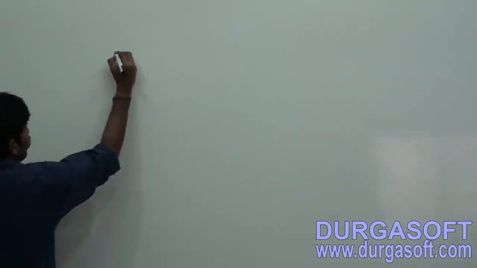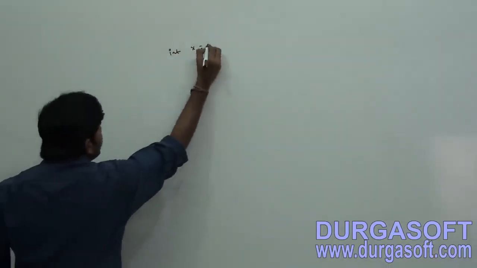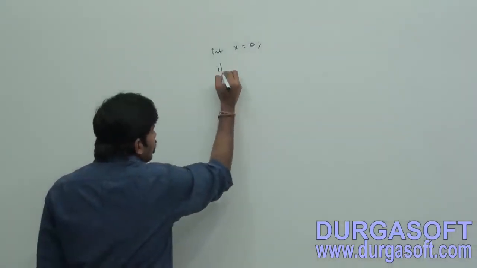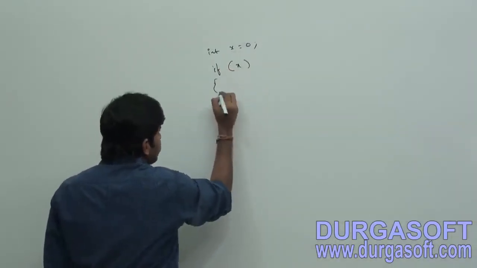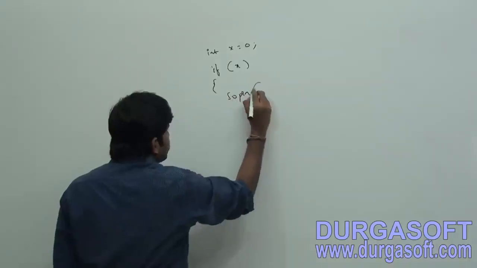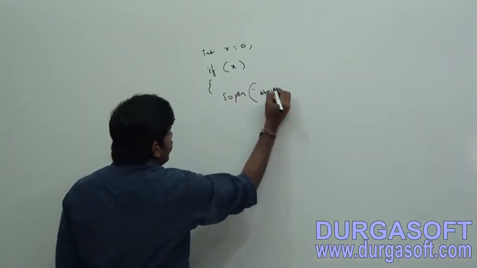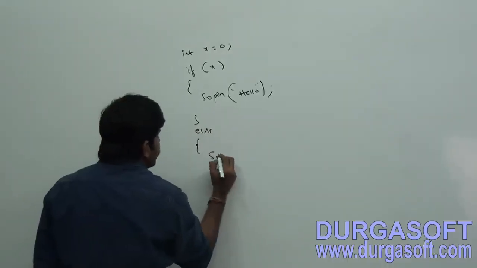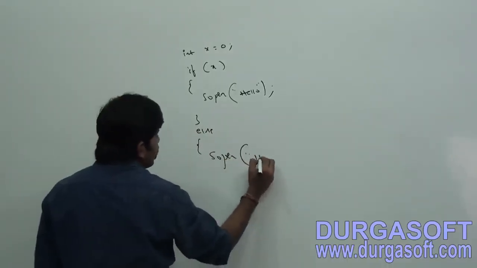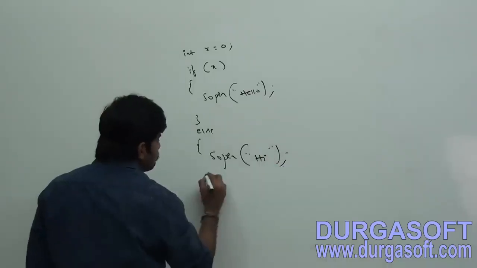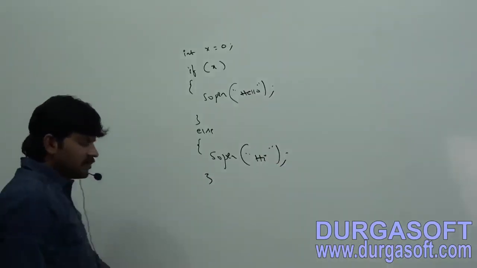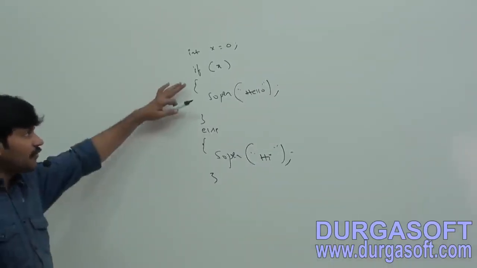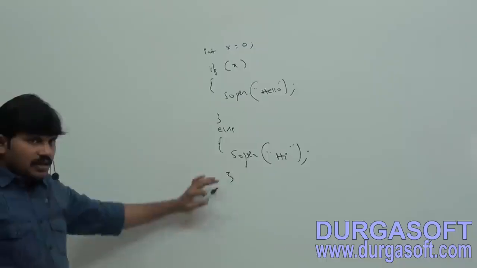This part also we covered already. int x is equal to 0; if of x, System.out.println of hello, else System.out.println of hi. Valid or invalid? Invalid.